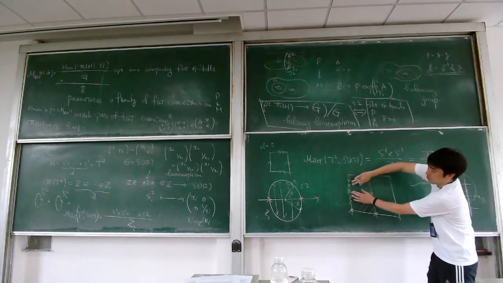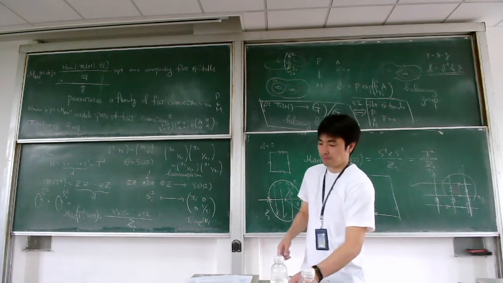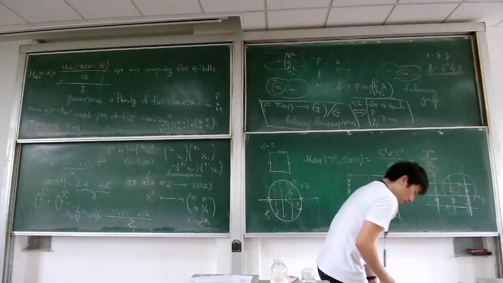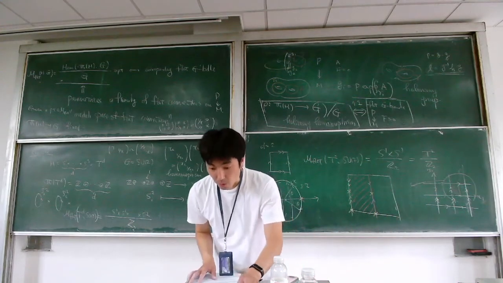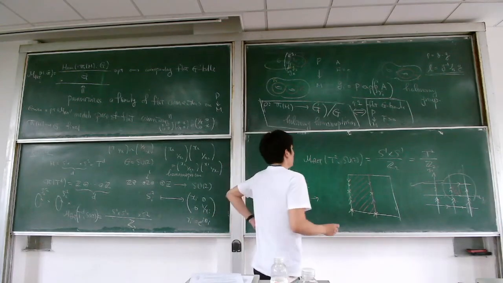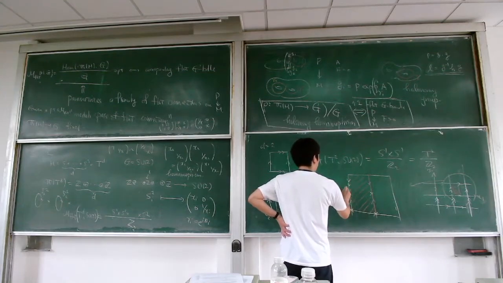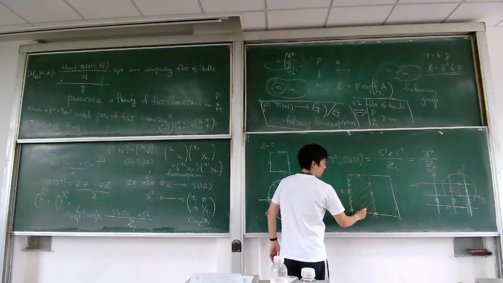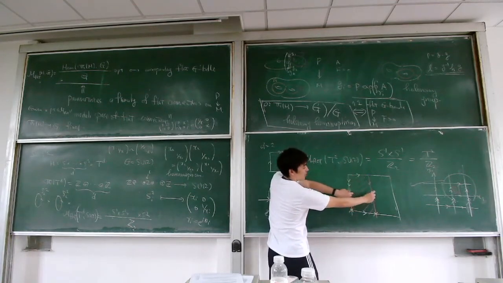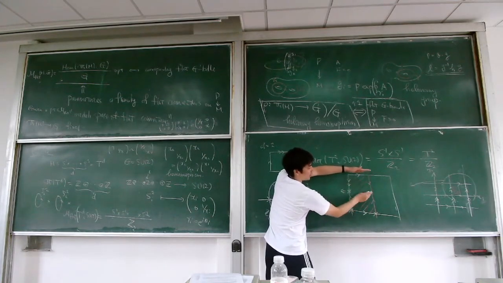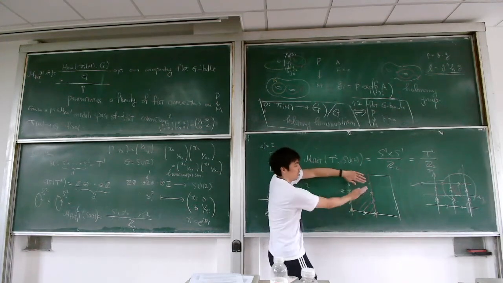So you just do the folding. At the end of the day, the moduli space looks as follows. So at the end of the day, this will become, and of course this point is identified with this edge. So you just do the folding around this, how to say, axis.